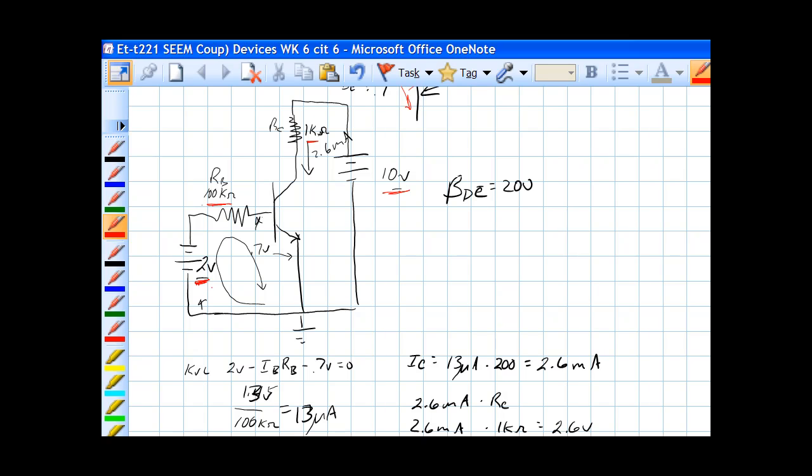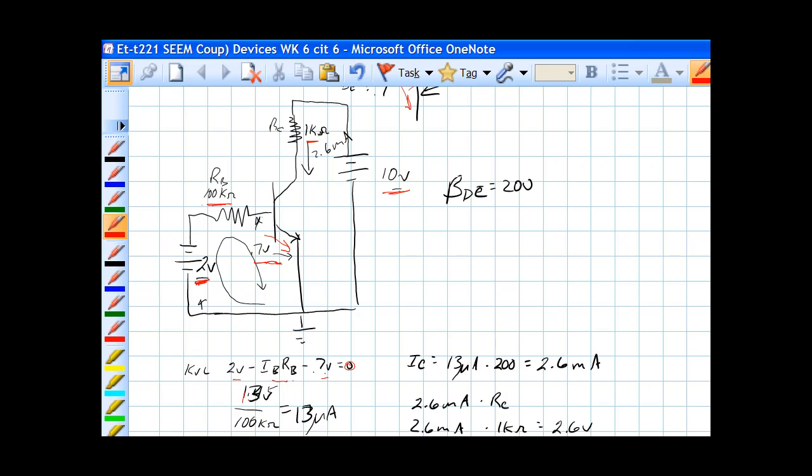If we have 2 volts here, our KVL for this is 2 volts minus IB RB, whatever current this is, minus the 0.7 volt drop here across this base emitter junction, and it's all equal to 0. 2 volts minus 0.7 volts is 1.3 volts.